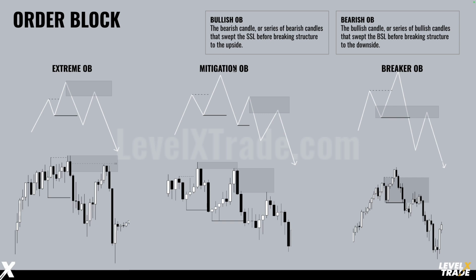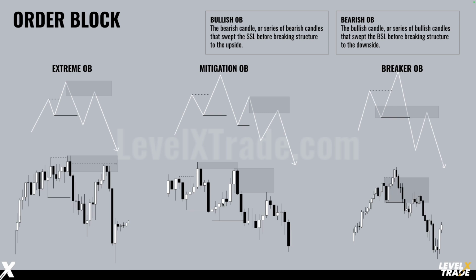Now, what's the mitigation order block, and what's the difference between that and the first one? Well, the mitigation is basically an order block that's in the middle of the move. You have this extreme order block right here. In reality, this is a rejection order block that we are not covering here, but it's basically the tip of the candle, which is the wick.